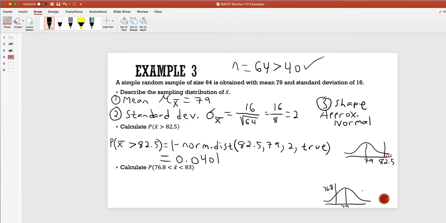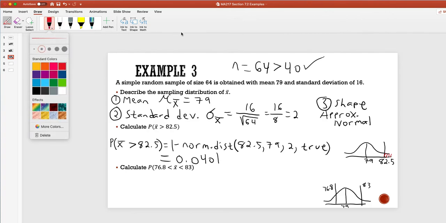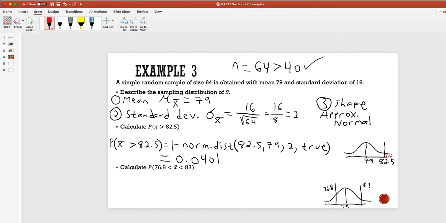And 83 would be over here. And as you can tell by my terribly drawn picture, it should be a pretty good probability, right? It encompasses a lot of this normal distribution.